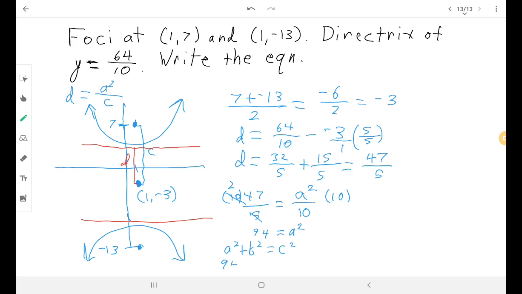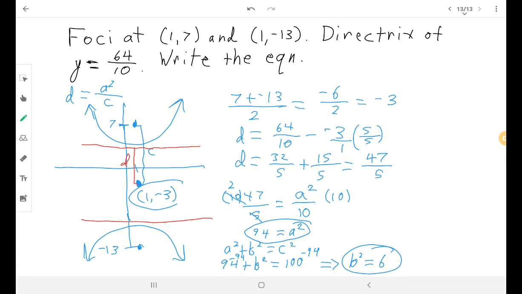So we got 94 plus b squared equals 10 squared, which is 100. Subtract 94 from both sides, and then b squared equals 100 minus 94, which is 6. So now I have a squared, and I have b squared, and I have the center.